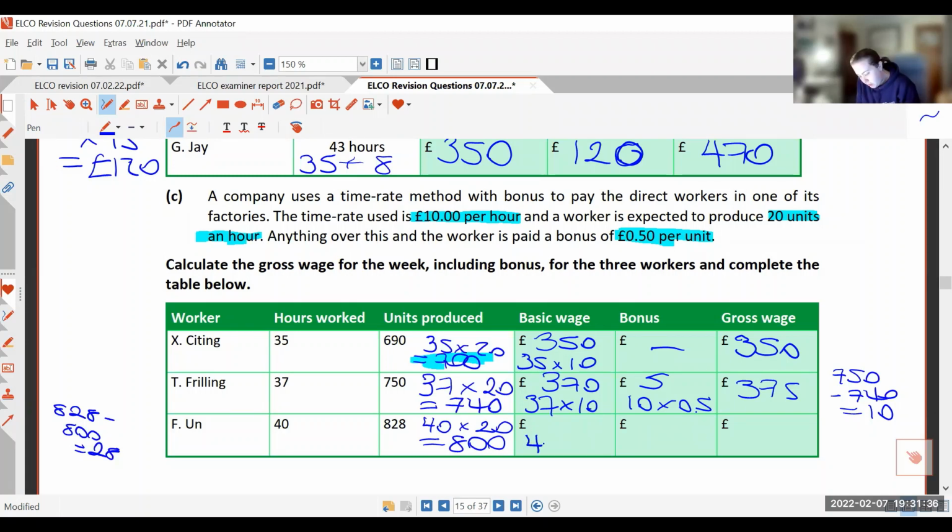So we've got, first of all, their basic, £40, so 40 hours times £10. So we've got £400 there. We're going to get a bonus on those 28 extra units. Okay, sorry, we'll just put that in there so you can see that it's 0.5, so that should be £14.